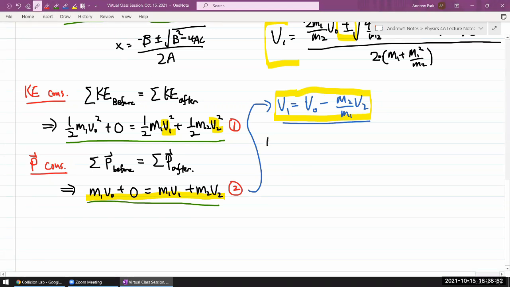So just writing out what I'm going to label my 1 prime. So my equation 1, just eliminating V1. 1/2 m1 v0 squared is equal to 1/2 m1, and instead of v1 squared, I have this expression, v0 minus m2 over m1 v2 squared, plus 1/2 m2 v2 squared.